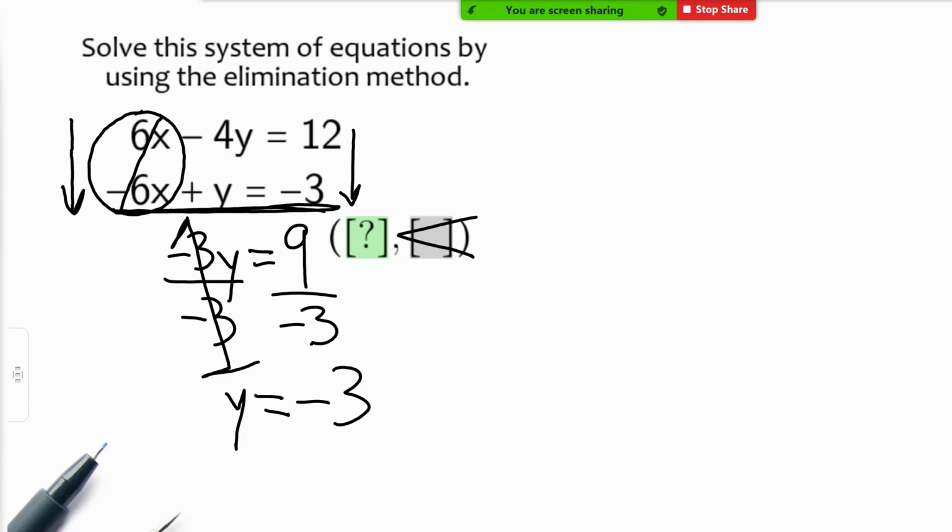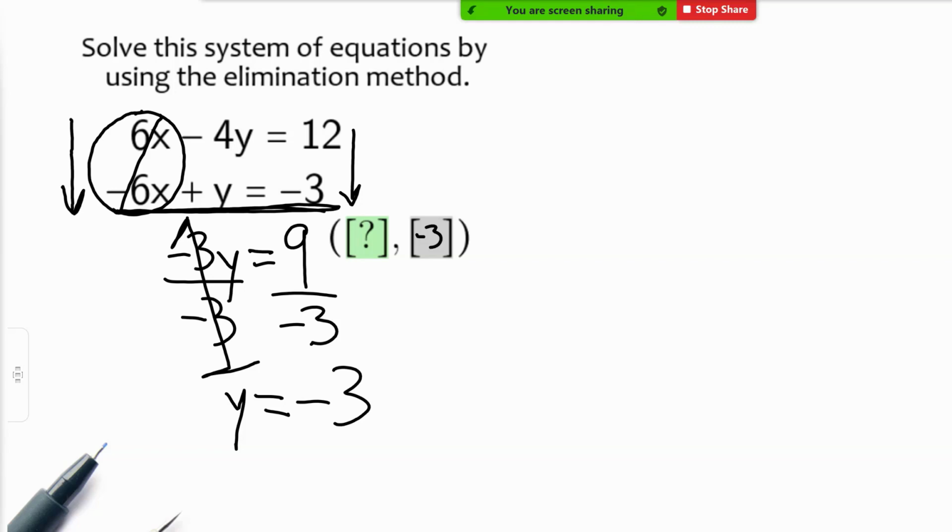Okay? And this gives me the portion of this solution that is this. I know that y is going to be negative 3, because in the xy ordered pair, y is negative 3. And so I have part of my solution.